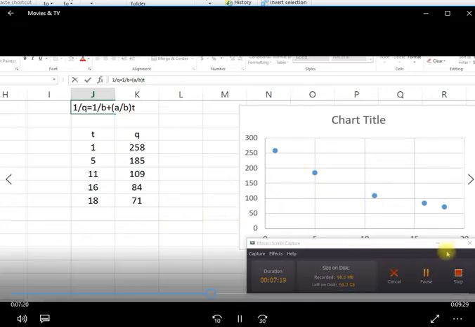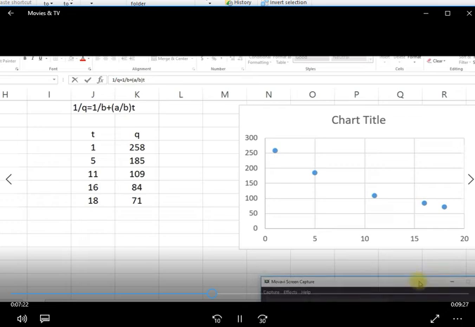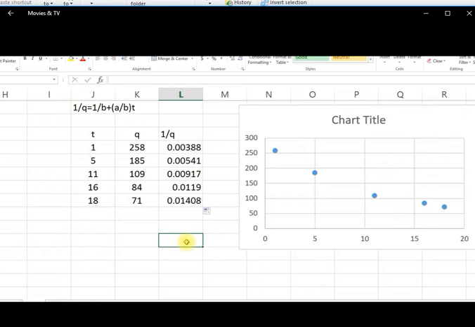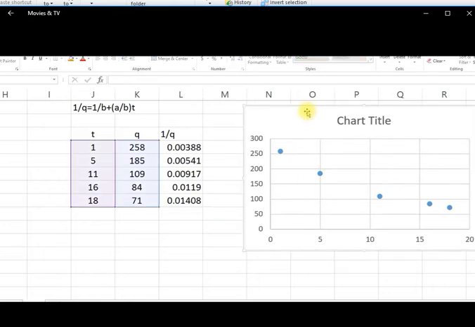Now let me get 1 over q, which will be 1 over this. So this is now new y, and this versus this should be linear.